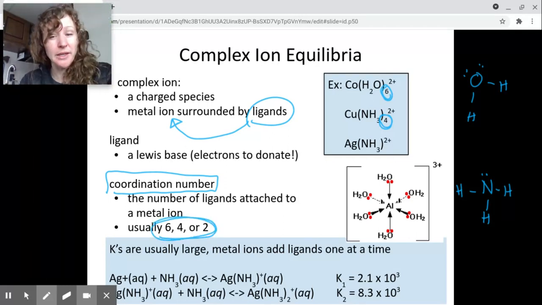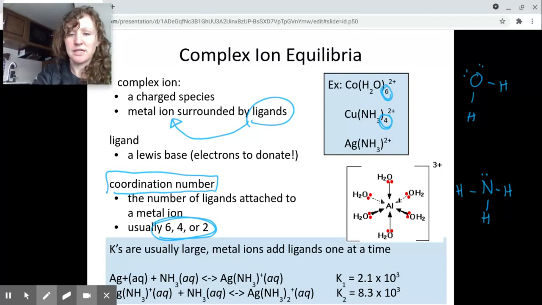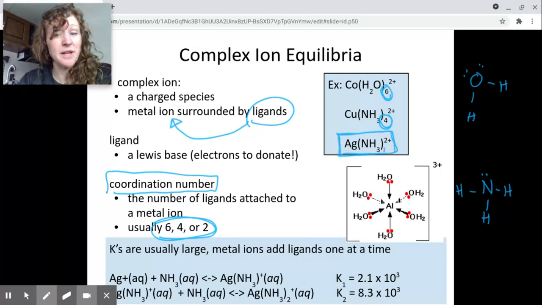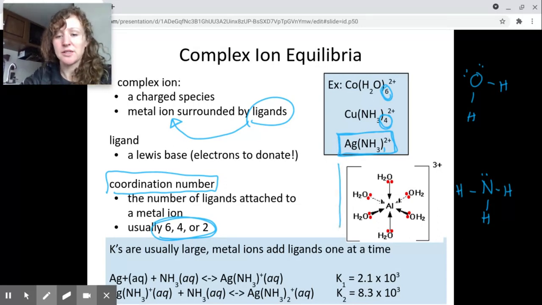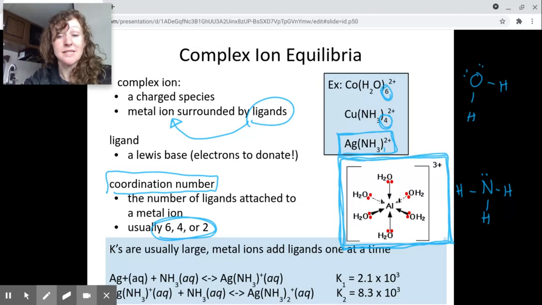Those are the most common, but you can see others. You can see here in this complex ion with silver, it has a coordination number of 1. So they're possible, but 2, 4, and 6 are going to be most likely. Here you can see a picture of what a complex ion structure looks like. And again, it's going to be governed by forces rather than super strong bonds.